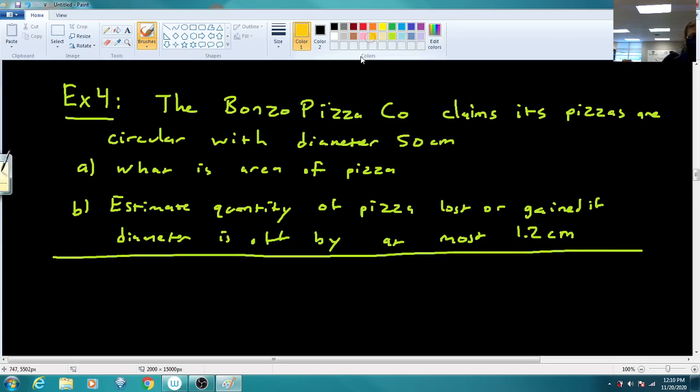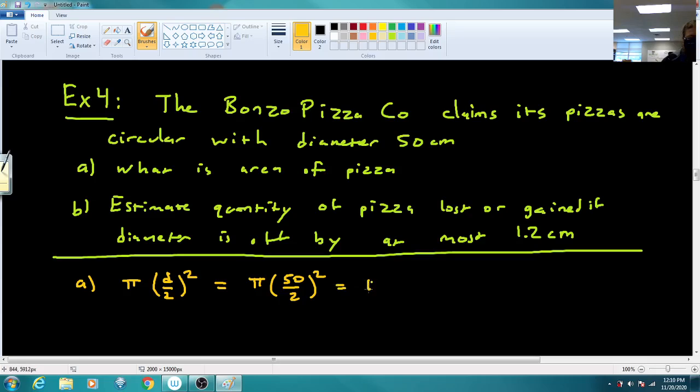Okay, part A for this should be pretty easy. Pizza is a circle, so it's pi times radius squared. They gave us the diameter, so if we take the diameter and cut it in half, that's the radius. So it's pi times diameter divided by 2 squared, which will equal pi times 50 divided by 2 squared.